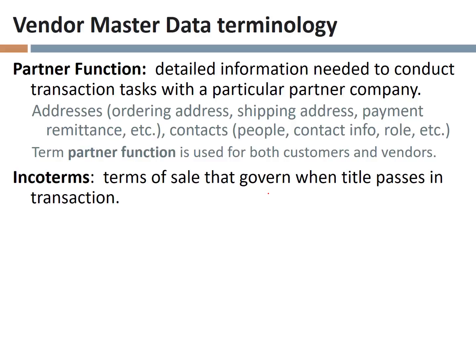But one important element in every business transaction is where in the transaction does title pass? Or more colloquially, where does ownership shift from one party to the other? When I buy an item, at what point does it stop being the seller's property and start being my property?